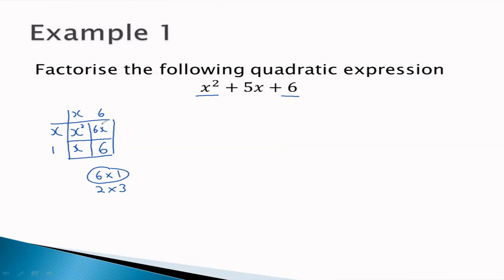Now, what I do is take this 6x and add this x. So 6x plus x will give me 7x. And this answer here must be the same as this 5x here. However, you can see that it is not the same. So I shouldn't use this combination of 6 times 1.